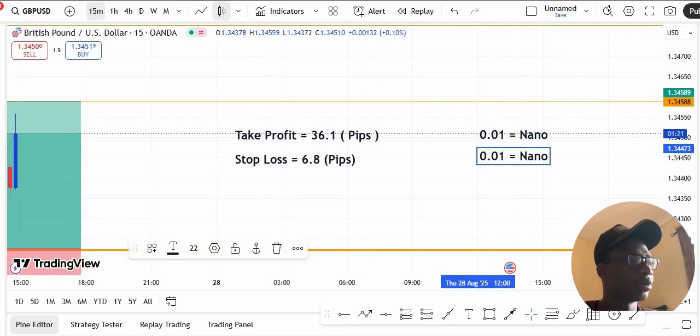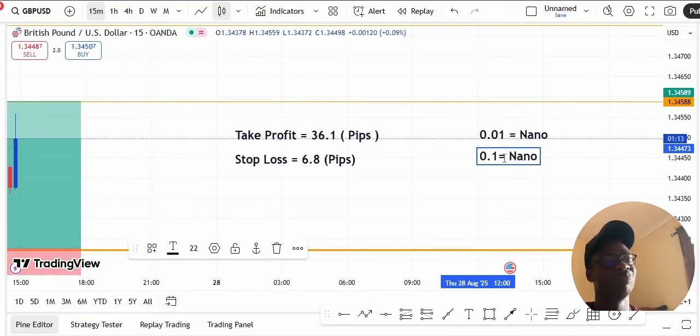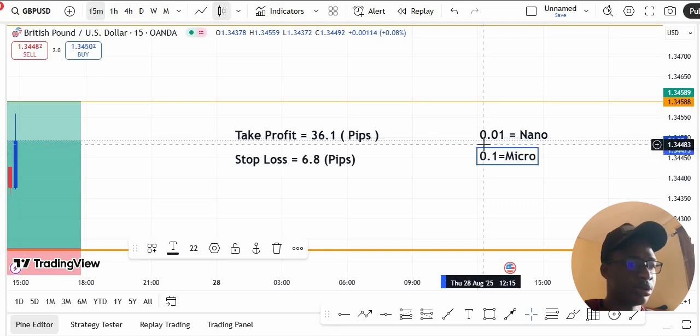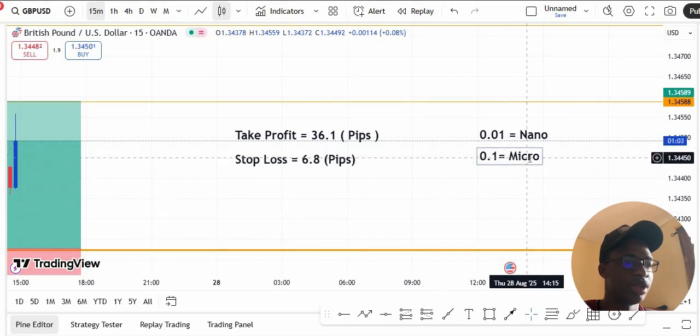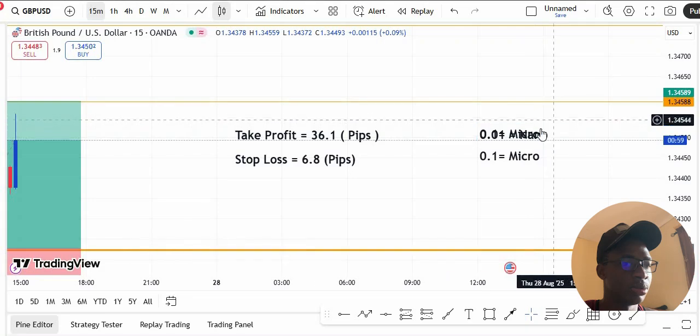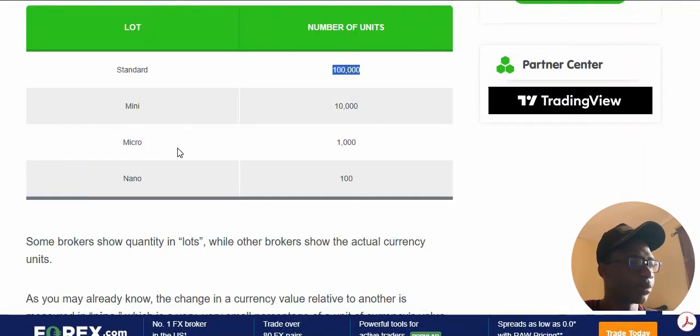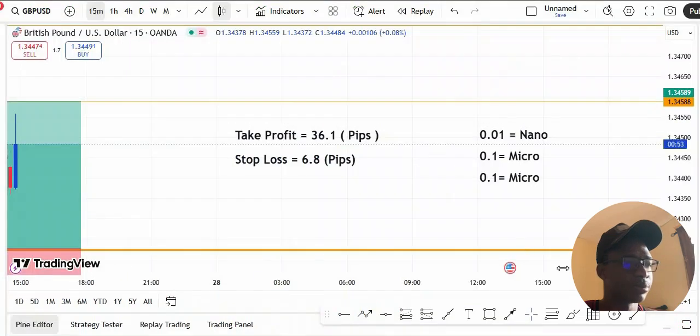After nano, we have the micro, which is 1000. So this is not going to be 0.1, this is micro. Then we have mini.